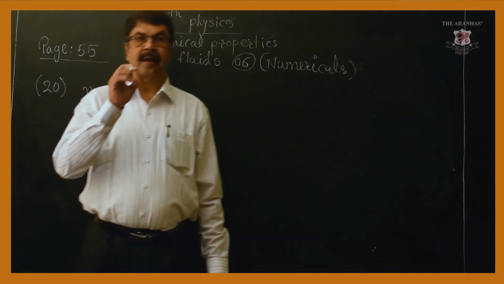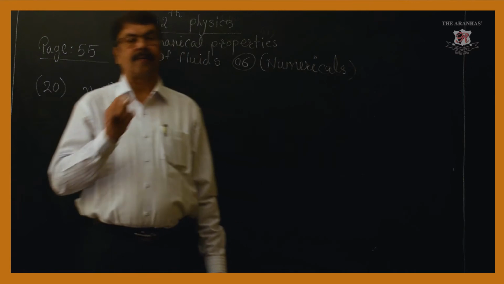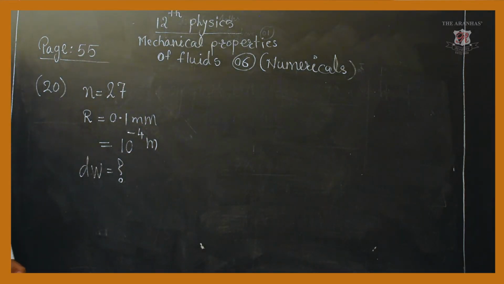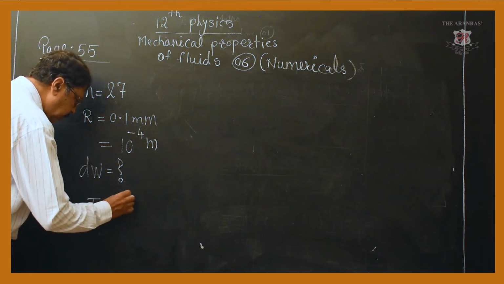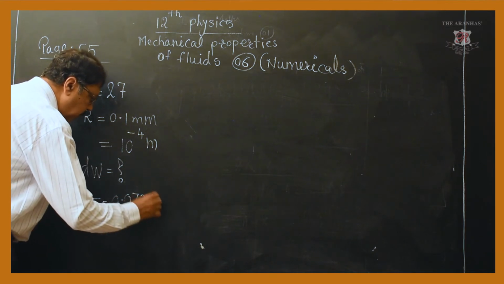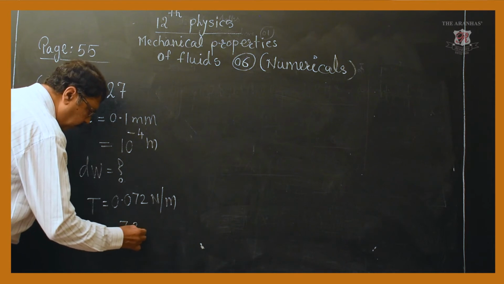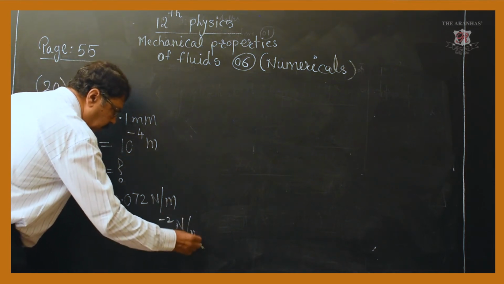In the process, surface area decreases, meaning surface energy decreases. Now, how to find it out? They have given surface tension also. 0.072 Newton per meter. I will write it as 7.2 into 10 raised to minus 2 Newton per meter.